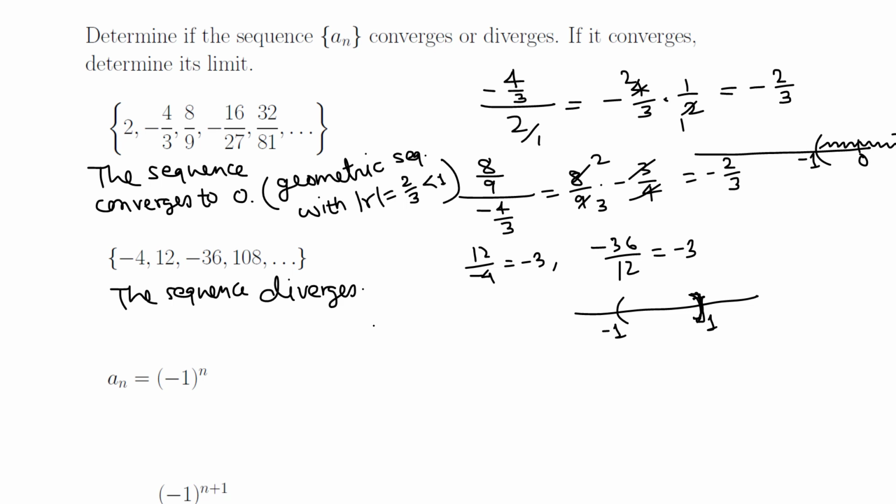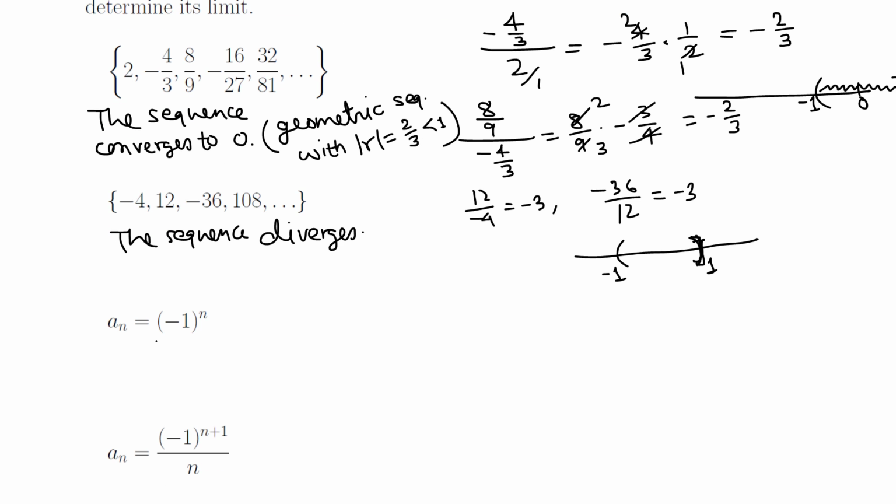Now the third one, negative 1 to the n. So this is a geometric sequence with common ratio negative 1, which diverges. It has to be in between negative 1 and 1, where 1 is included though.